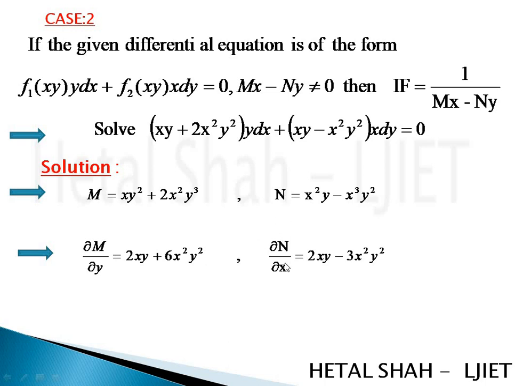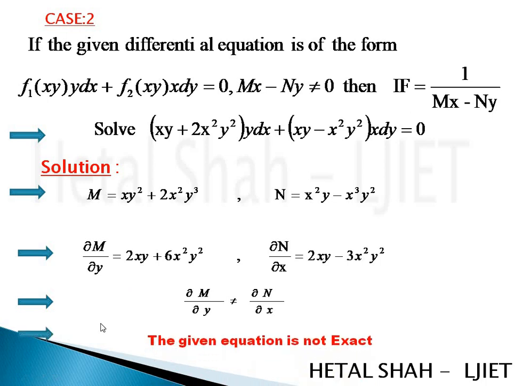Now the derivative of N with respect to x is 2xy minus, here the derivative of x cube is 3x square y square, right? Here del M by del y is not equal to del N by del x, so our necessary and sufficient condition is not satisfied. Therefore the given equation is not exact.